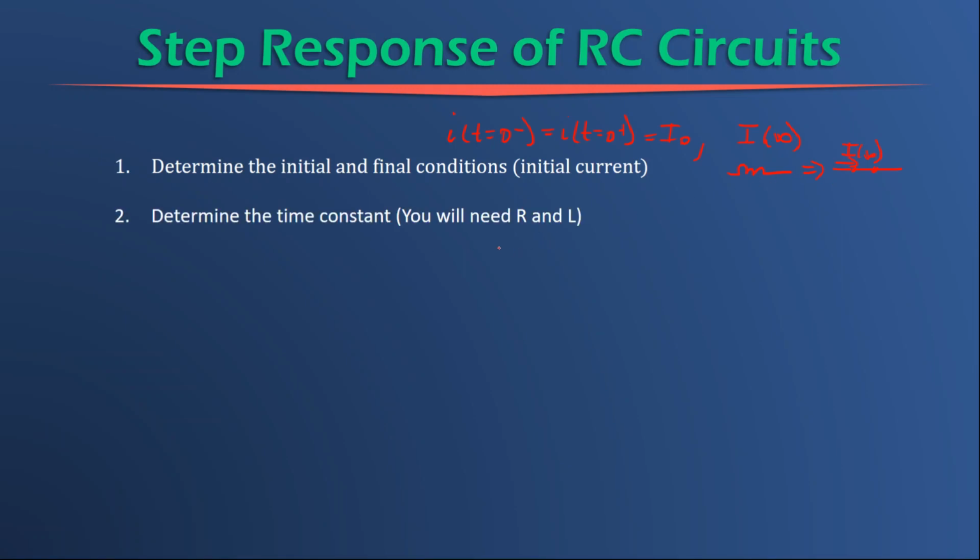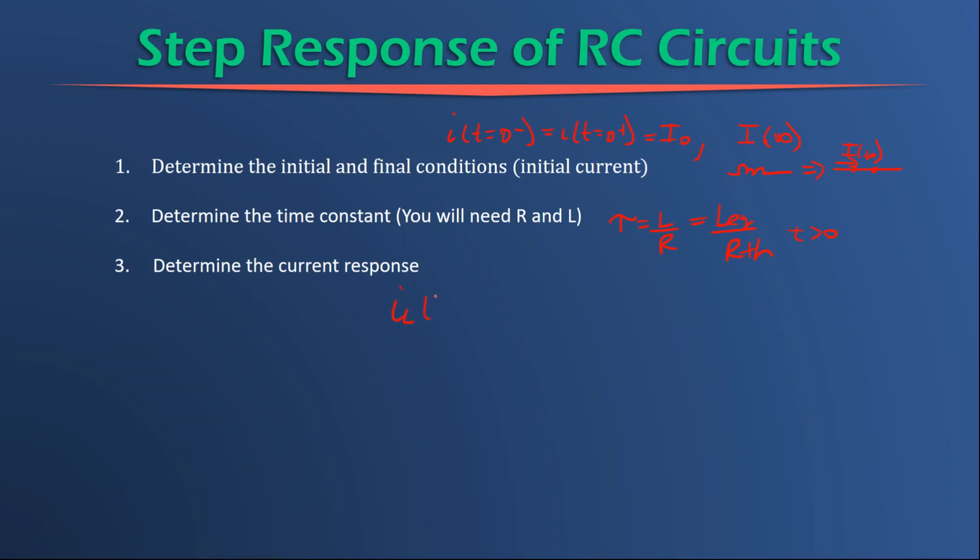Second, we need to get the time constant. We'll remember that tau is equal to L over R, which is L equivalent over RTH when t is greater than 0. And then we determine the final current response.